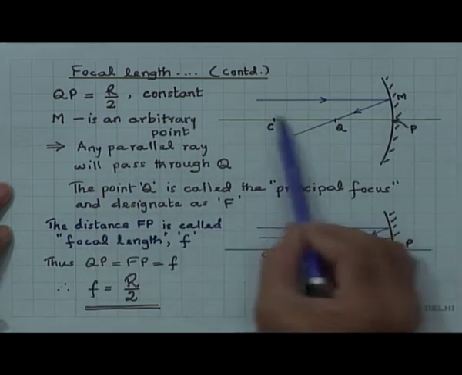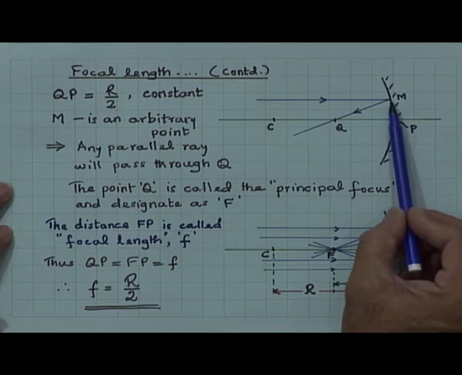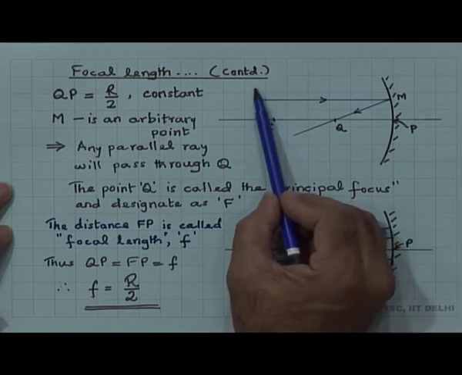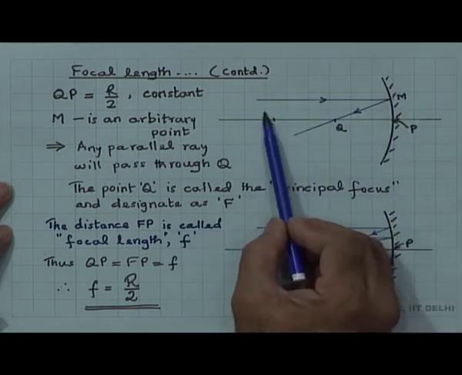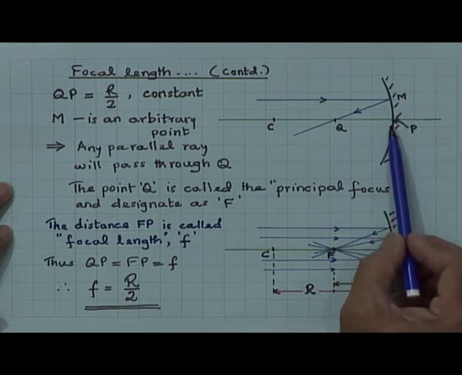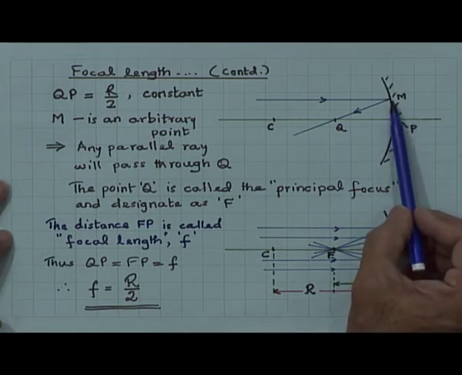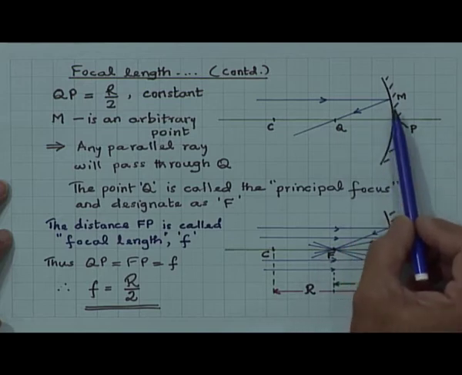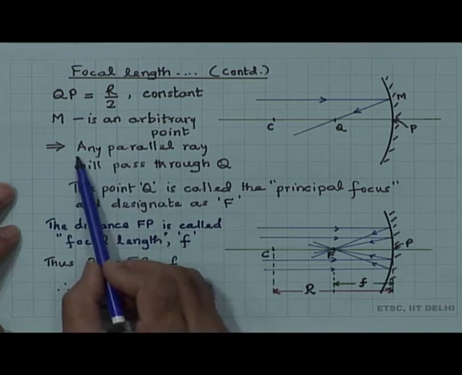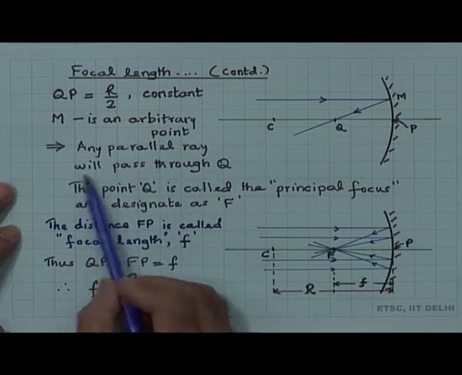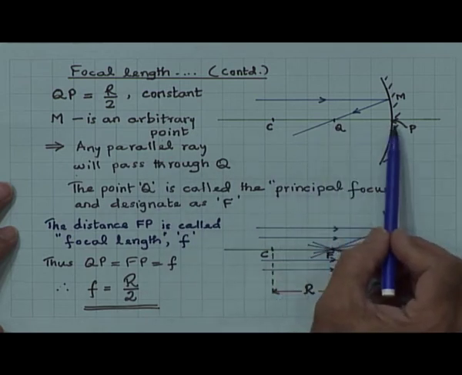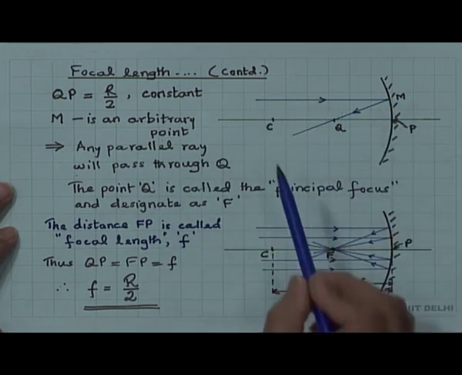We have taken a parallel ray incident at a point M. The parallel ray could be here, the parallel ray could be incident here, which means the point M is arbitrary, and M, MQ or MD, none of them appear in the expression. So, what it says is any parallel ray will pass through Q, because the distance QP is fixed for a parallel incident ray.